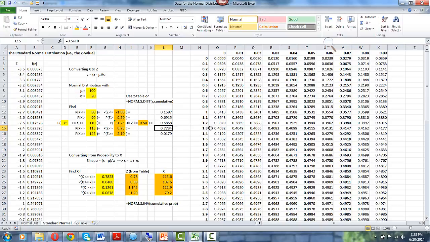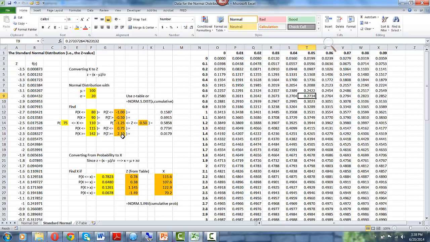So you go to 0.75 here. 0.2734 and add 0.5, the entire lower tail. So 0.7734.